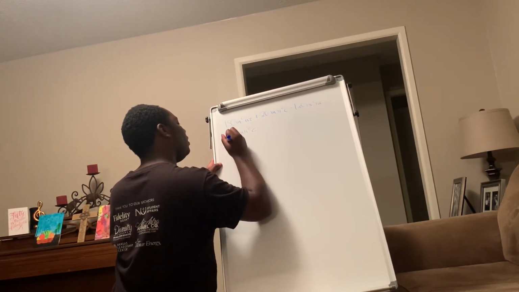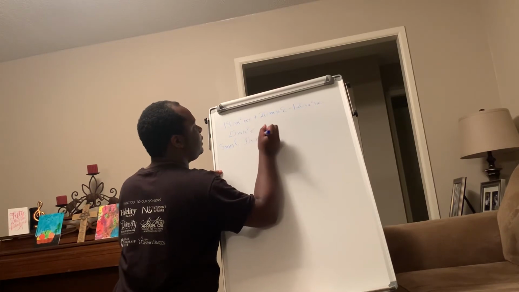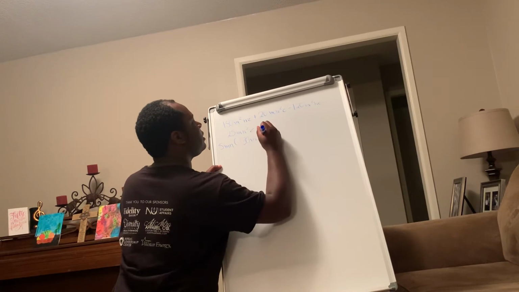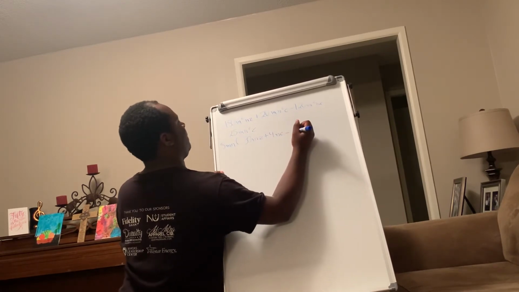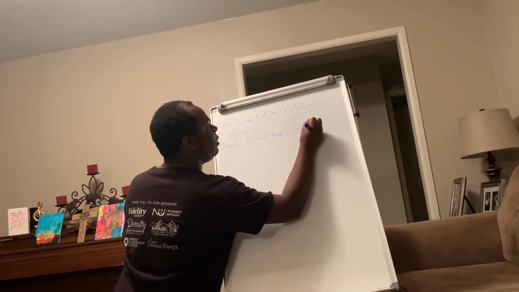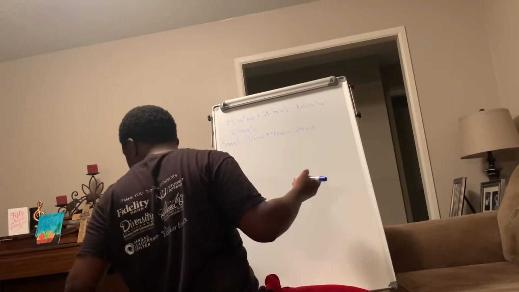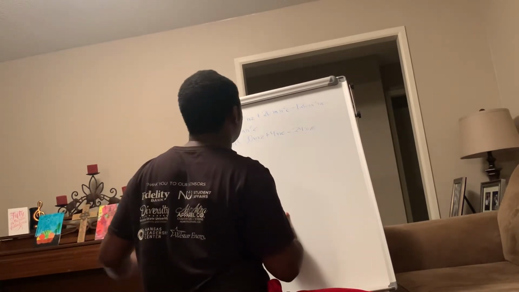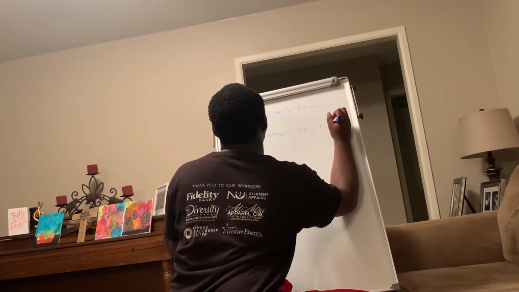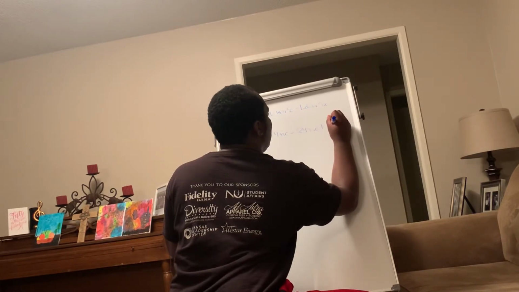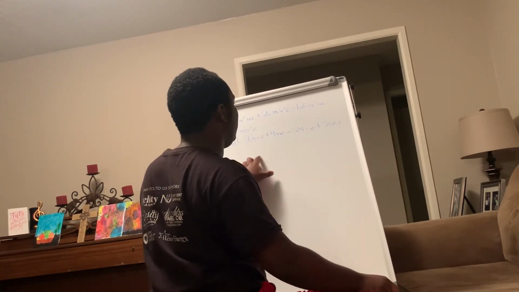So 5mn out of this one will be 30mz, nope, plus 4nc minus 24mc plus 5nz. So I'm going to combine the z's together and the c's together and put them in order.